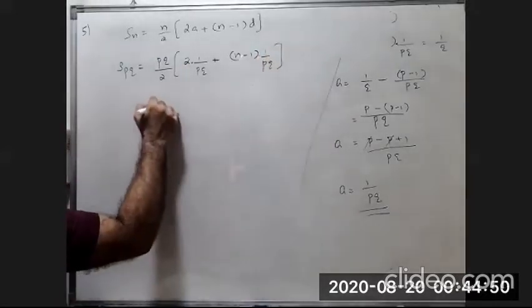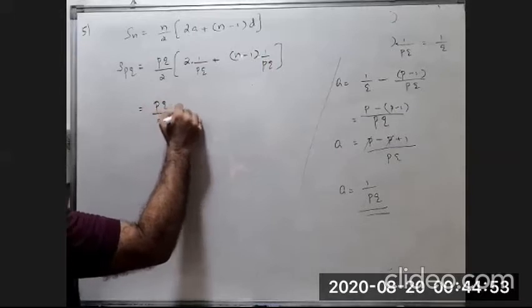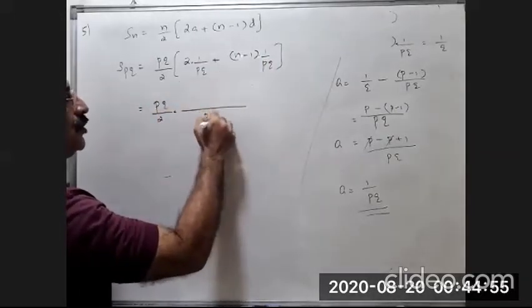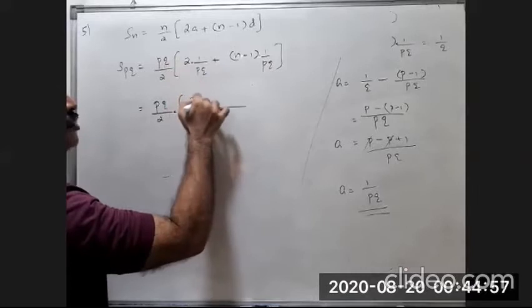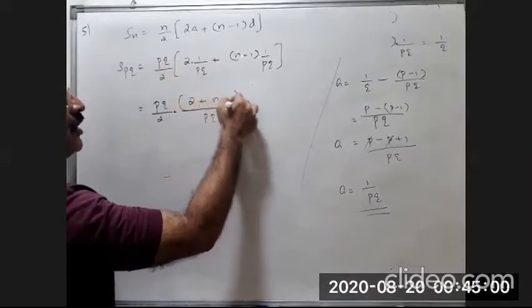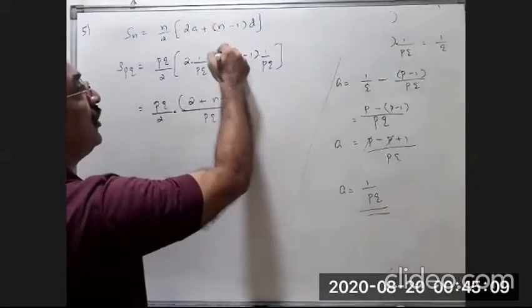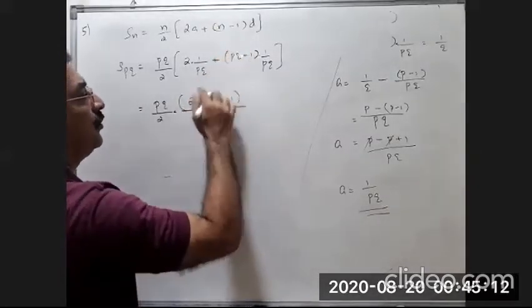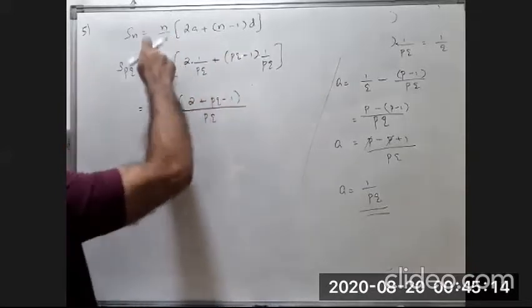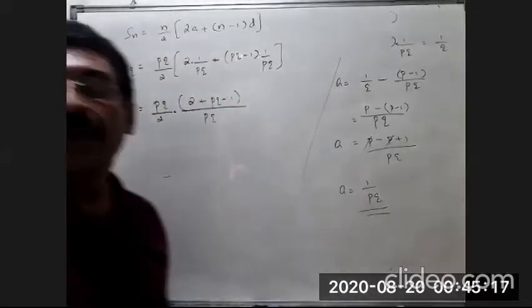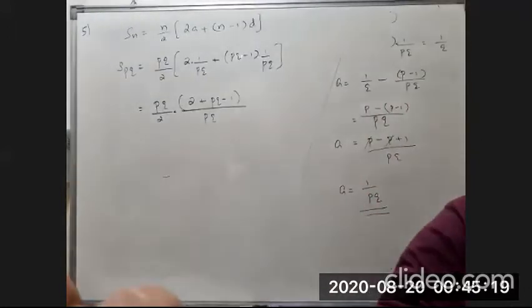is equal to pq by 2. Common denominator is pq. Numerator 2 plus pq minus 1. Instead of n we have replaced n with pq, and a and d with 1 by pq.